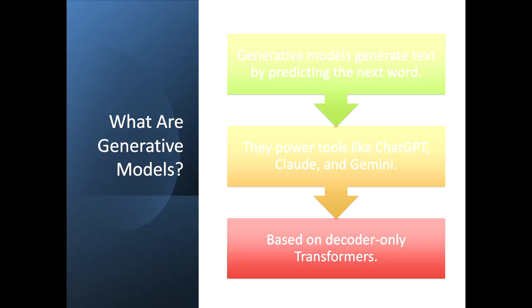By the end, you will understand how these AI models learn to talk, write, and think, through something called generative modeling. So let's get started.